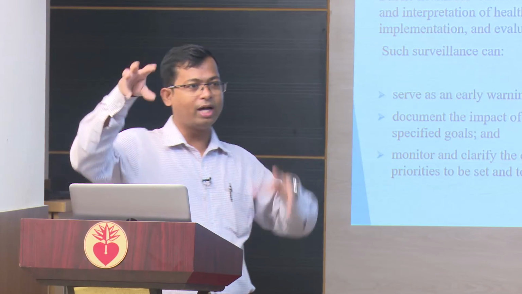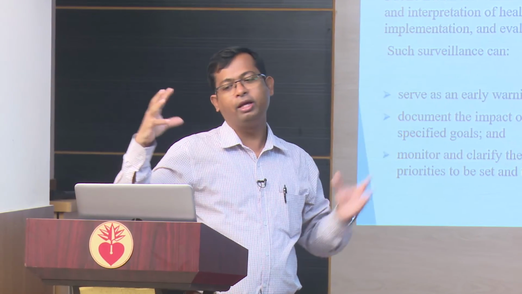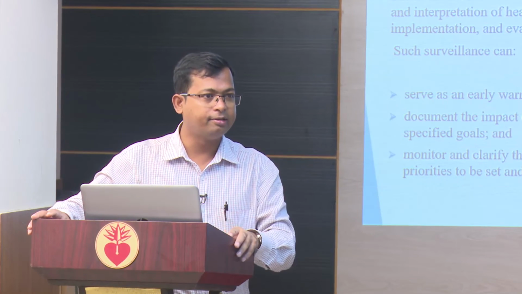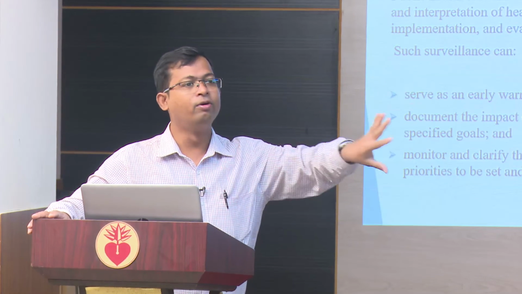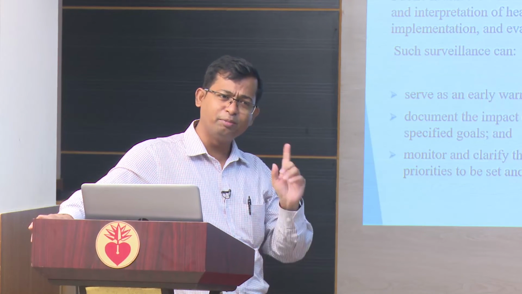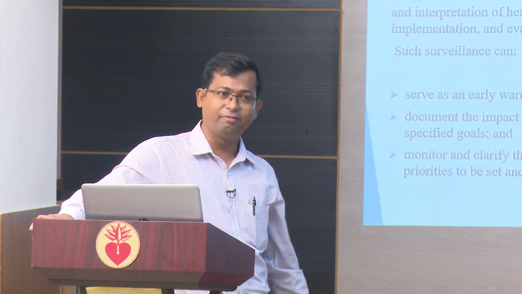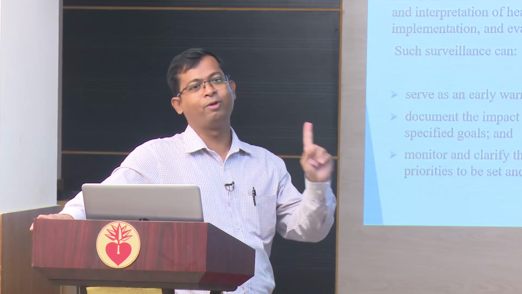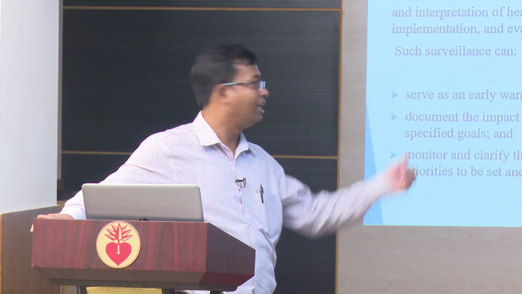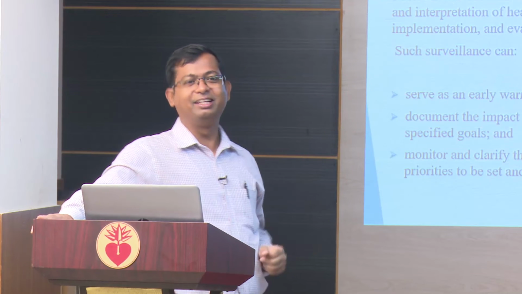How many people are affected, where the location is, how many people died, how many people are already cured, that information is available in DHIS2. Because the Ministry of Health already instructed different hospitals and clinics that whenever one dengue patient comes, you have to report. And that report is already available in DHIS2.